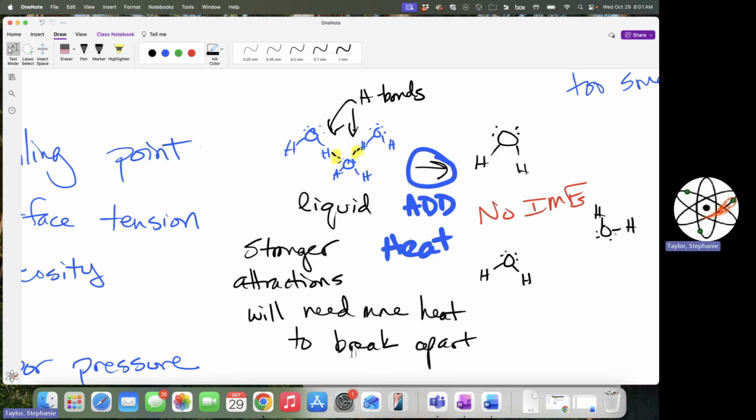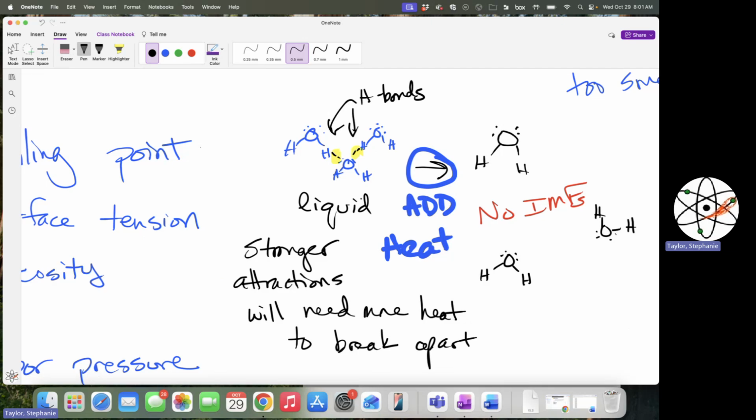Because there is an attraction there, which is why the magnet stays in the first place, but it also comes off very, very easily. As compared to strong earth magnets, which are also small, but they are mighty, and they can be very difficult to pull apart. So that idea of stronger attractions: the stronger the magnet, the more effort is required to break them apart. That's what we're talking about when we talk about boiling point.